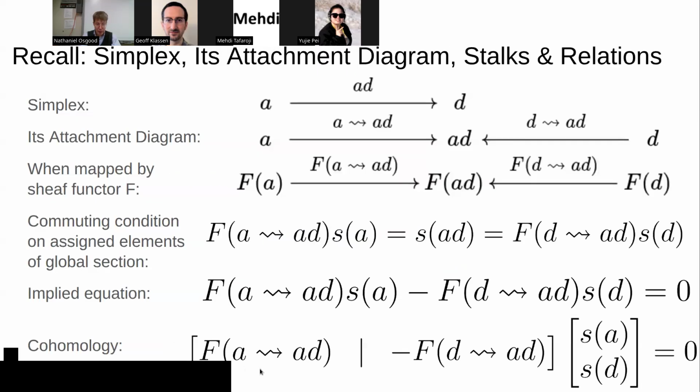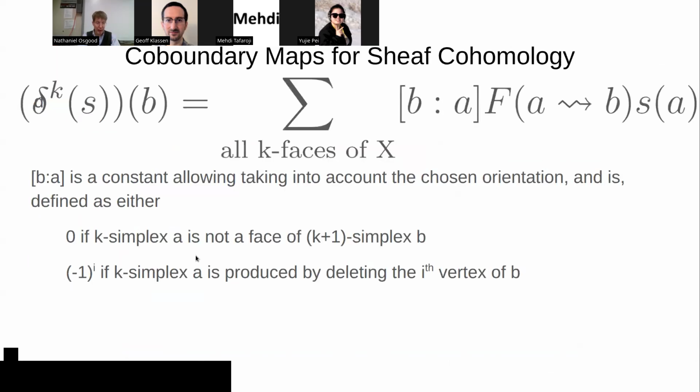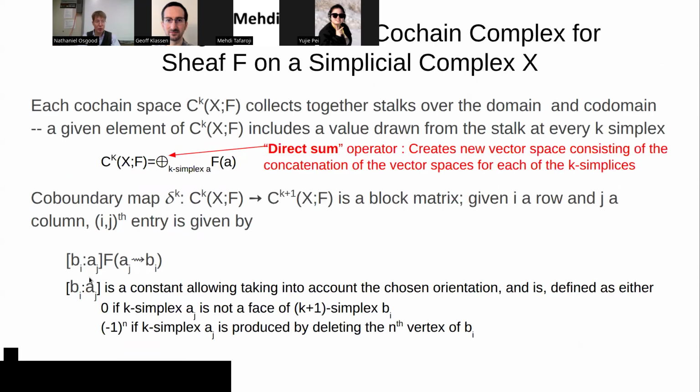Now, that minus sign is what enforces the constraint that the restriction maps are equal to each other. If you add them up with signs, the differences between them are all 0, and that's what this actually enforces.